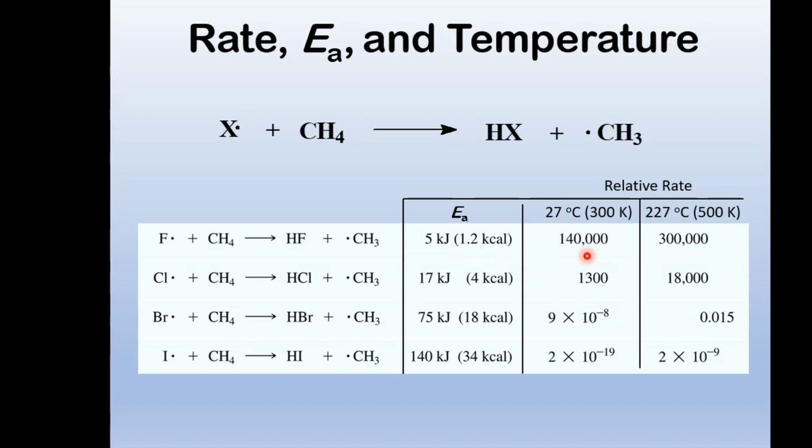I don't know if this is moles per second or minute, probably second. Units really don't matter. The thing is, this is just super fast. We heat it up and it becomes even faster. And here's chlorine. It has an activation energy of 17 kilojoules, 1300 relative reaction rate. Heat it up, it goes up to 18,000.